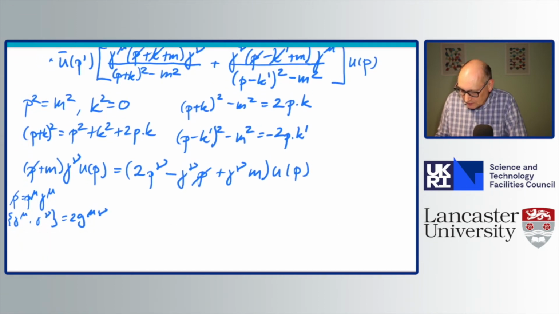Now the trick is that we want the P slash to come up close to the u, such that we can use the Dirac equation to simplify.